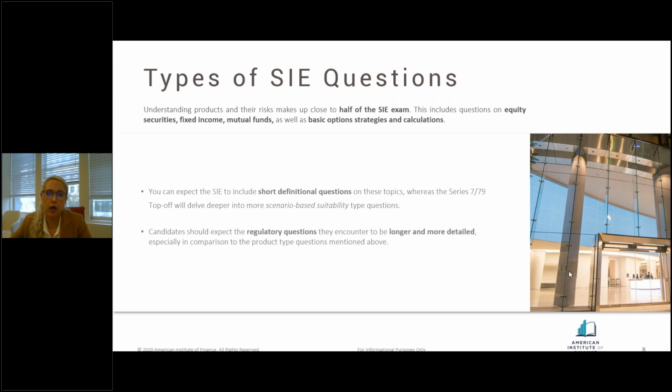As I mentioned, 44% of the exam will be products and risks. And as I mentioned before, this includes equity securities, fixed income, mutual funds, and also basic options, option concepts and strategies, and very quick calculations.